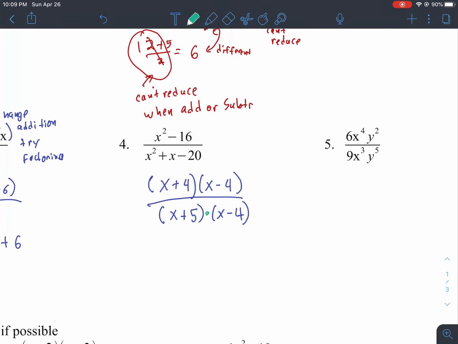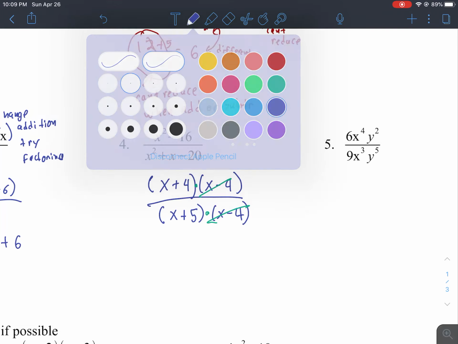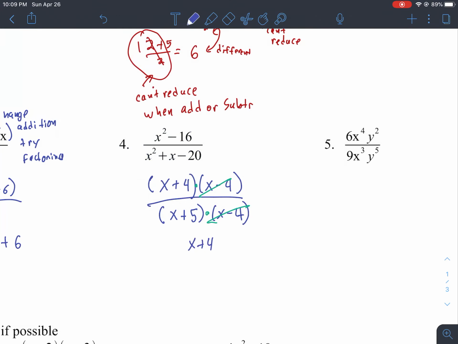Now we have multiplication here, so we can cross out those whole things, getting x plus 4 over x plus 5 as the final answer.